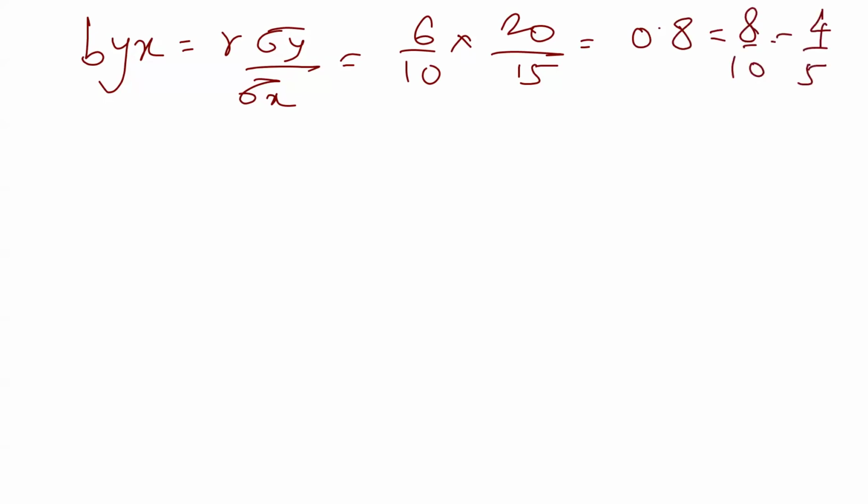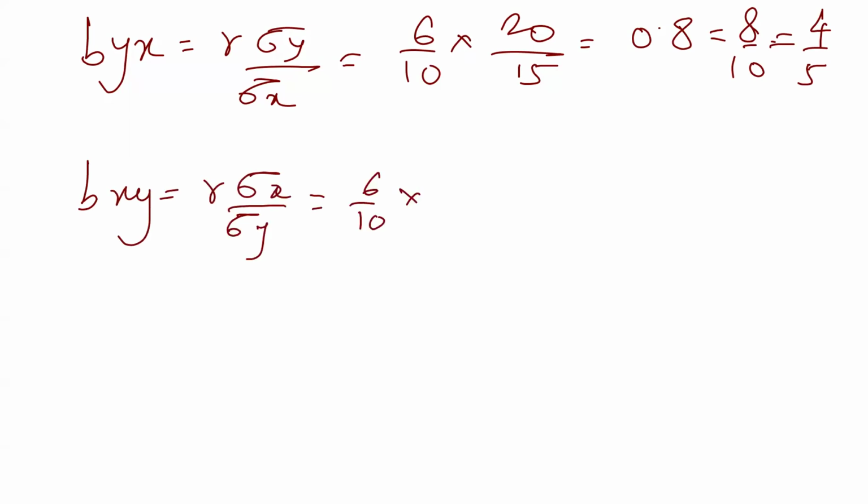I would prefer keeping this in reduced fraction. Bxy is r sigma x upon sigma y, 6 upon 10 times 15 upon 20. If you solve this, the answer that you will get is 0.45, which is equal to 9 upon 20, right? Reduced fraction. So the regression coefficients are in place.